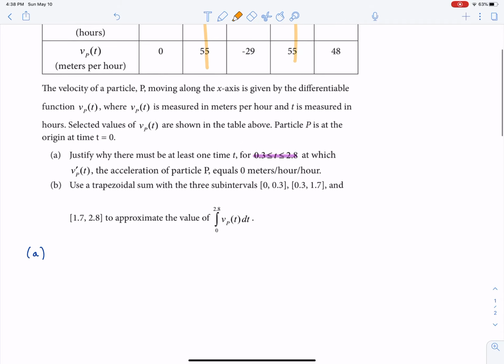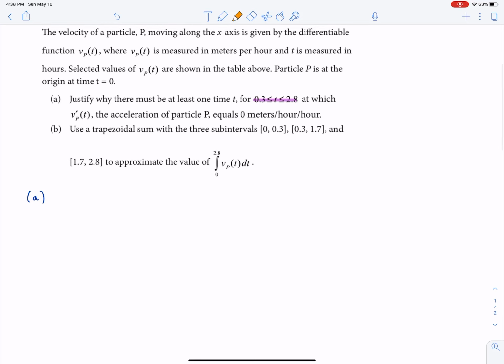Okay, so let's see what we got here. I'm going to say the function v sub p of t is differentiable, and therefore continuous.